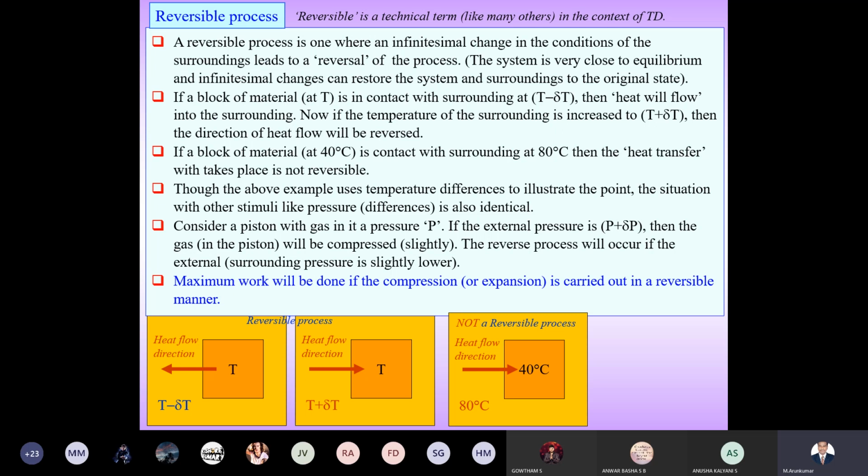So equilibrium in the sense there are no changes happening. Mechanical equilibrium in the sense there are no mechanical forces changing. Then what is thermal equilibrium? In the sense there are no temperature changes happening.